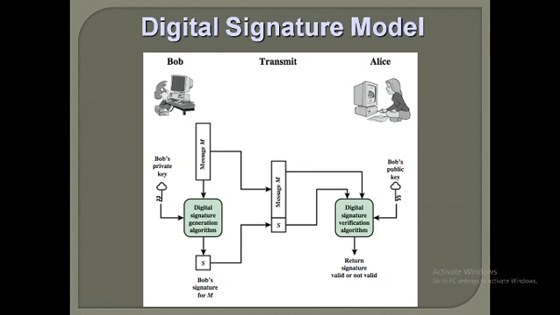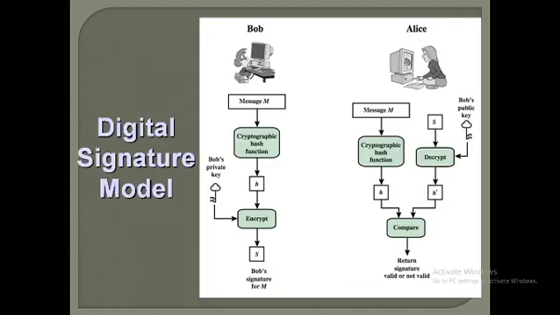So the signature can be verified. The message is applied to the digital signature verification algorithm, and it returns whether the signature is valid or not. So this is the model: the message is applied to the cryptographic hash function, so a hash is generated. It is encrypted using the private key of Bob, and Bob's signature is created and added along with this message.